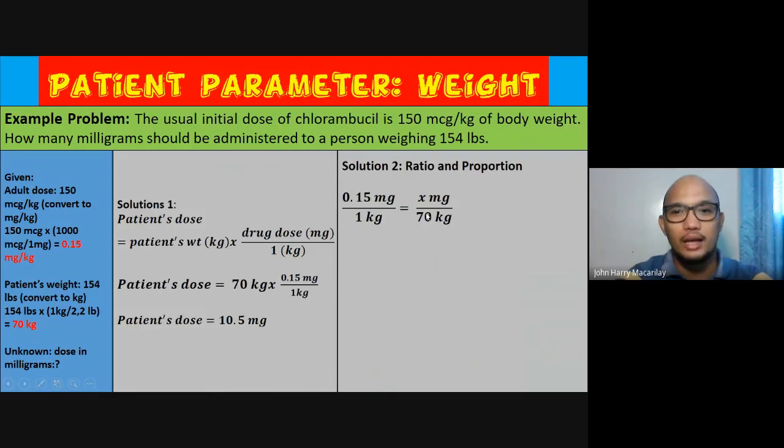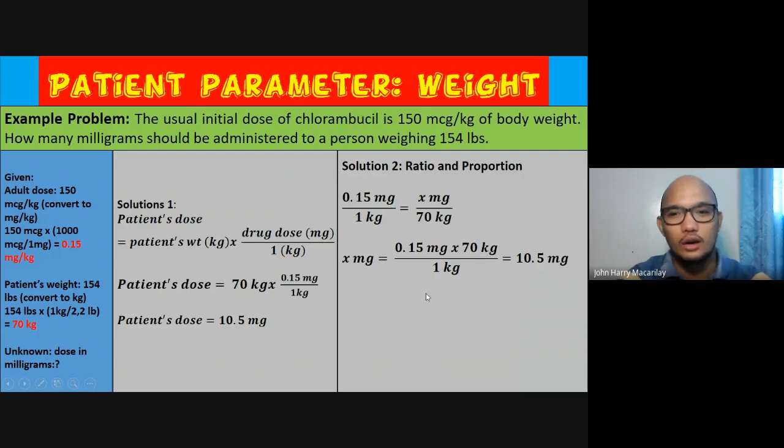Then cross multiply each side. It will become 0.15 milligram times 70 kilograms, and X milligram, the unknown, times 1 kilogram. So X milligram equals 0.15 milligram times 70 kilograms divided by 1 kilogram, which is equivalent to 10.5 milligrams.